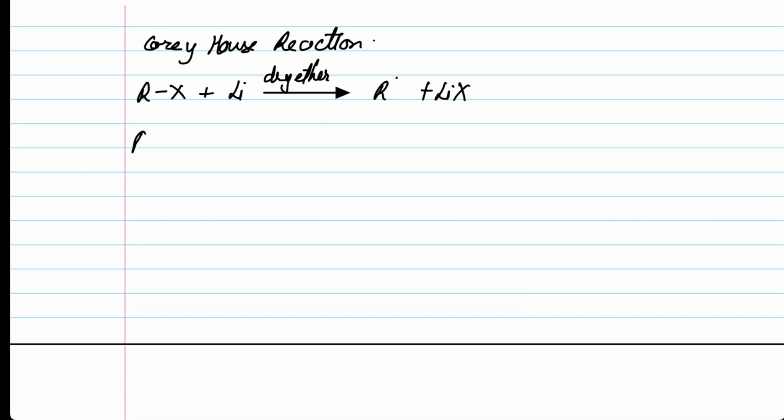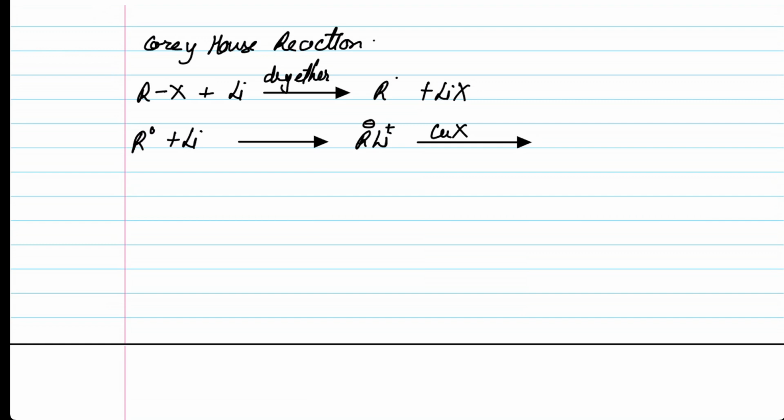Again, this R radical is treated with lithium to give RLi plus Li. RLi is going to be formed. Here it's going to be minus, here it's going to be plus. Now this RLi can further be reacted with CuX, cuprous halide.